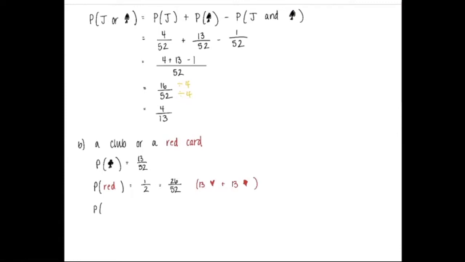Now, what is our probability of getting a card that is a club and it's red? How many cards fit that criteria? So this card has to be a club and it has to be red.